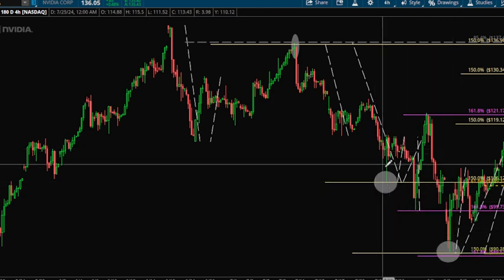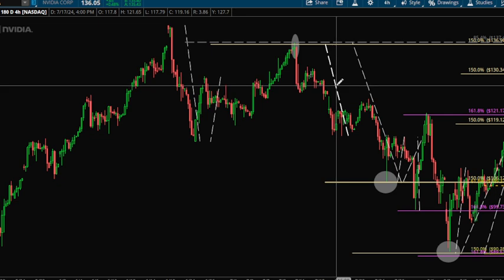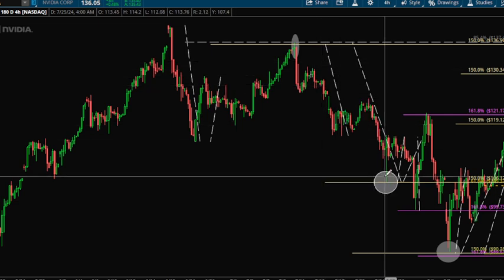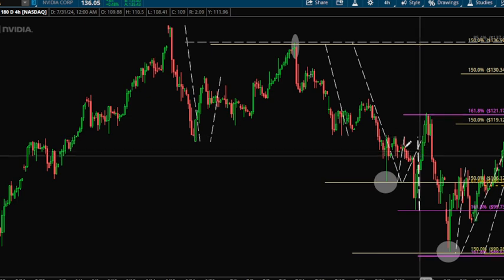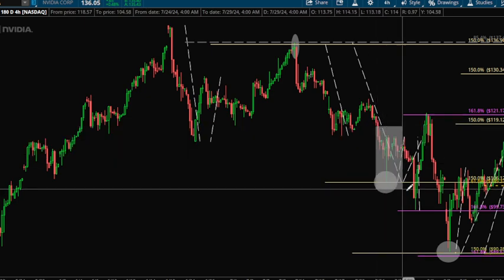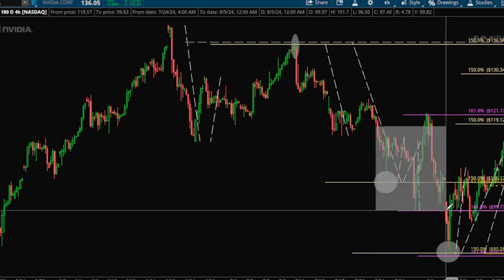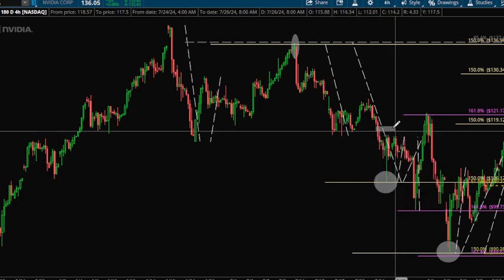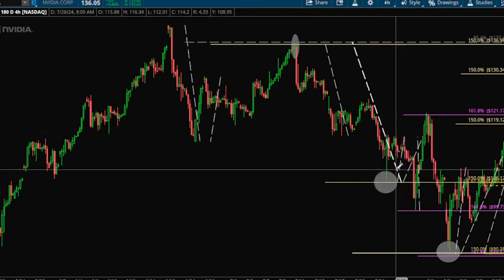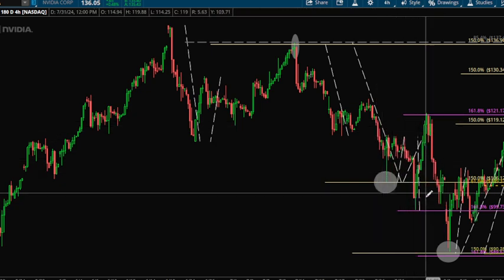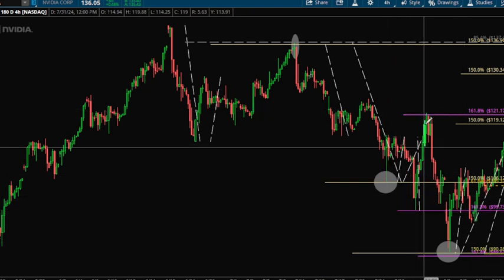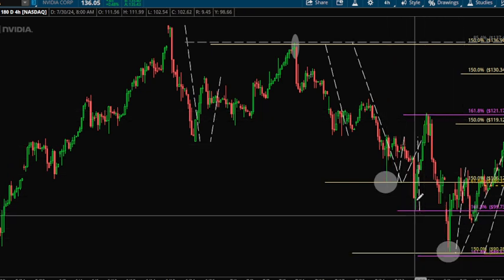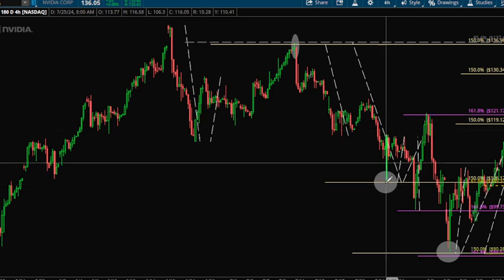Okay, I want you to look at when we first measured this first leg, 1, 2, 3 down. Look how we got this other one. It's an expanding flat right here. This whole portion is an expanding flat. Now I counted it already, and each leg was a 161.8. So it was an A, B, and a C. Each one was 161.8 off each other.